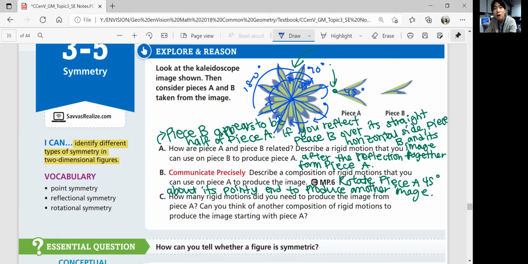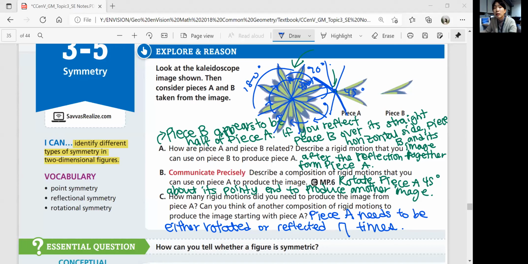You could also reflect piece A 7 times, so that you have a reflection over here, and then reflection over this edge, reflection over that edge, reflection across this line, and so on, right? But it needs to be 7 times at least to produce the image of the whole kaleidoscope. Okay, let's record that down. It needs to be either rotated or reflected 7 times.